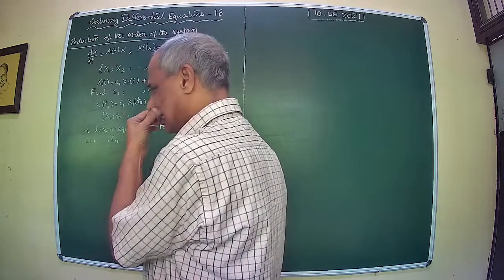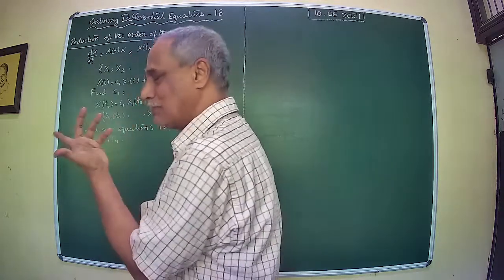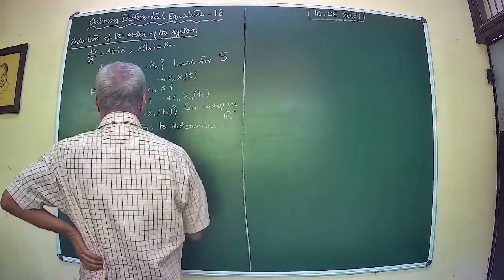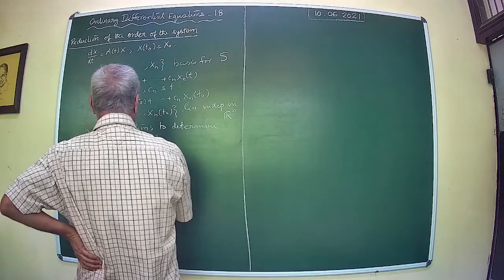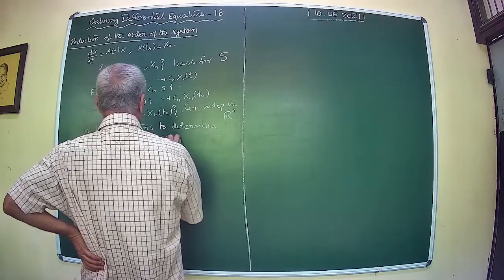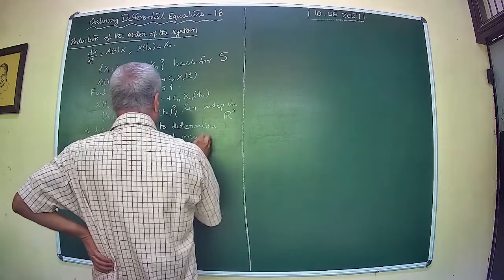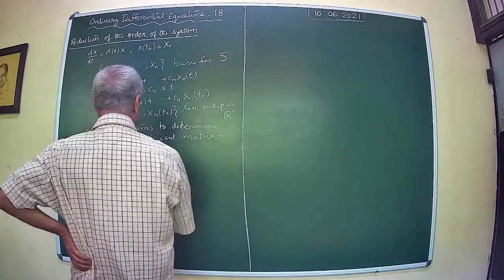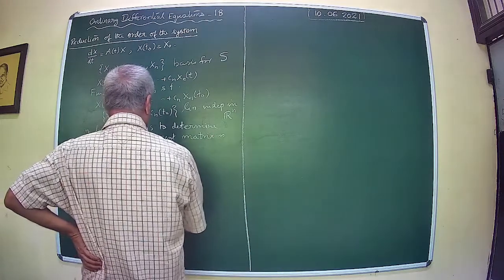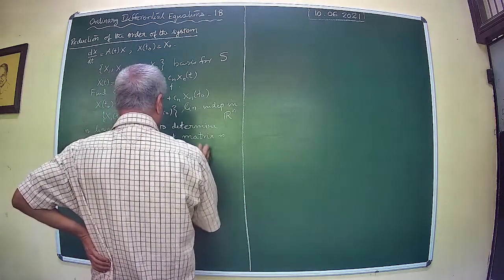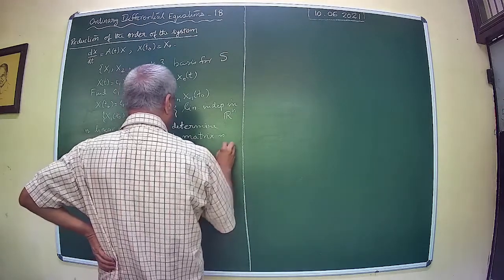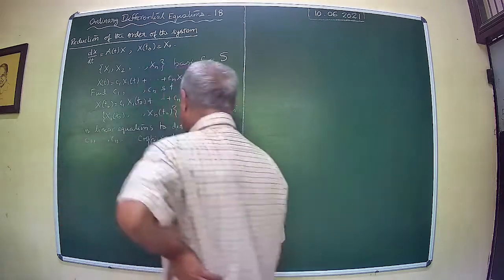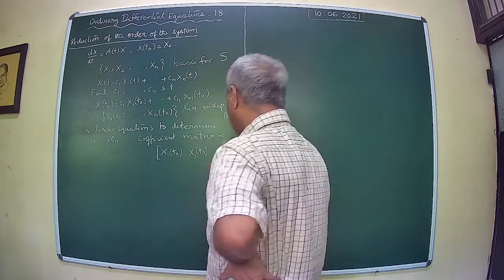It's quite simple. I mean, not simple, but it is quite feasible, because you see that the coefficient matrix is made of these column vectors that you have.